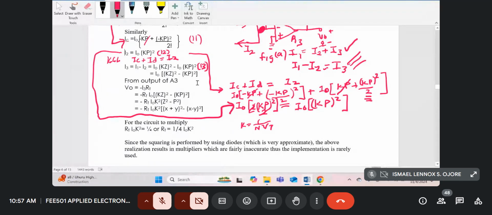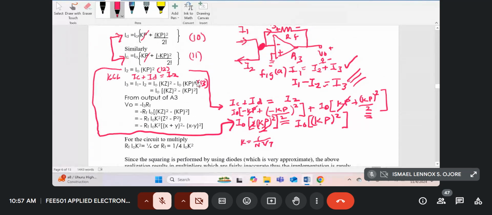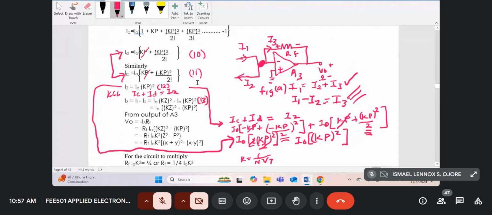And then we can get the output of A3. Output of A3, if we look at figure 1 over here, let me rub some of this so that it looks a bit clear.